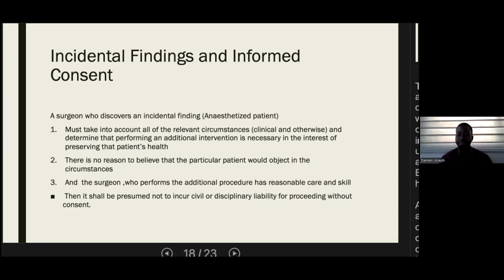Because of those particular circumstances, she was a young woman, she didn't have children. The court said that most gynecologists would not remove both fallopian tubes without gaining consent to do so. So even though she believed she acted in the patient's best interest with regards to the infection, each case has to be taken into full consideration.